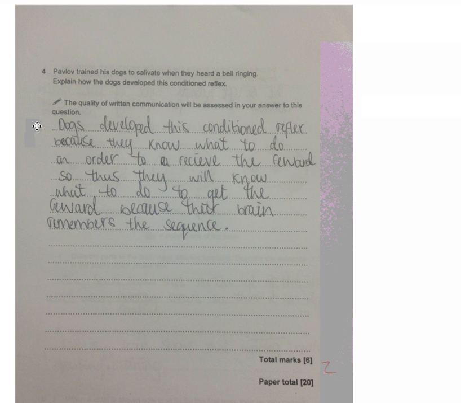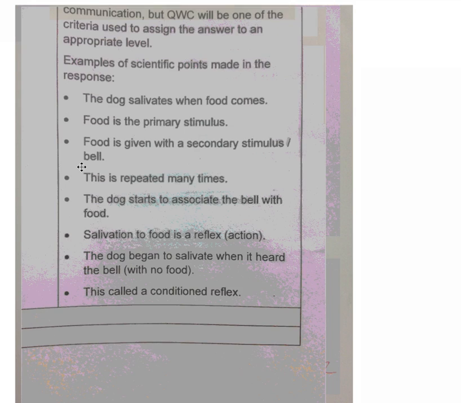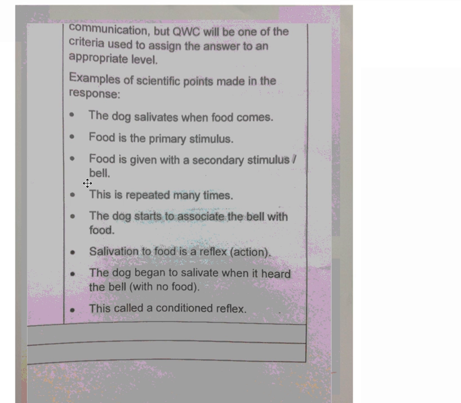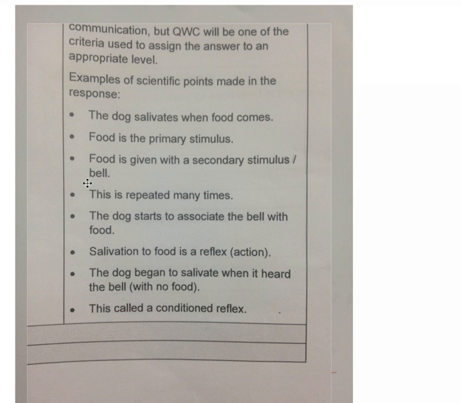The dog developed this conditioned reflex because they know what to do in order to receive the reward. Thus, they will know what to do to get the reward because their brain remembers the sequence. Now, if we get our mark scheme back in, it doesn't mention anything about a reward. The dog wasn't taught to do this as a reward, so it was not a particularly great answer because it doesn't address these steps.